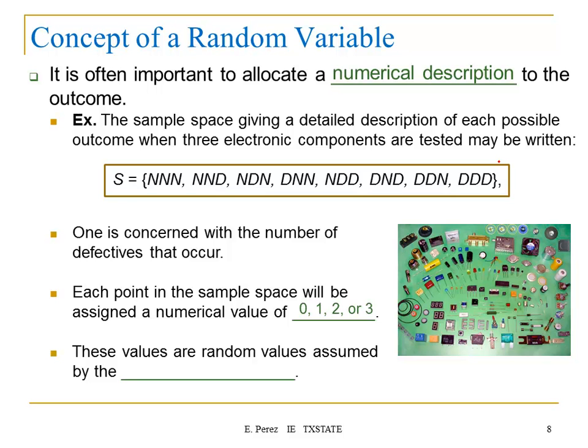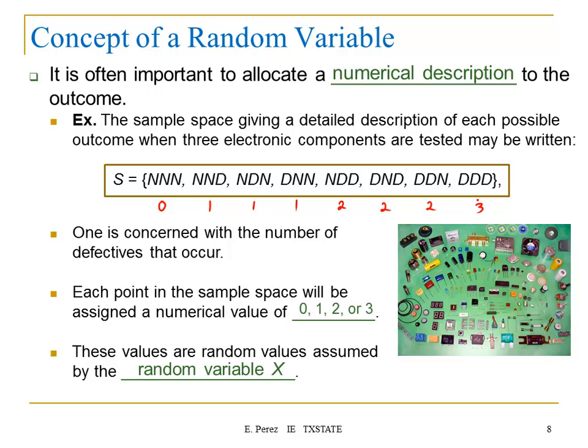This one will be 0. Based on that description, 1, 1, 1, 2, 2, 2, and 3. And that's by giving a numerical description to each outcome of the sample space. Okay? These values are random values assumed by the random variable x.